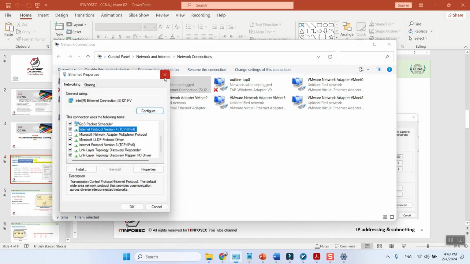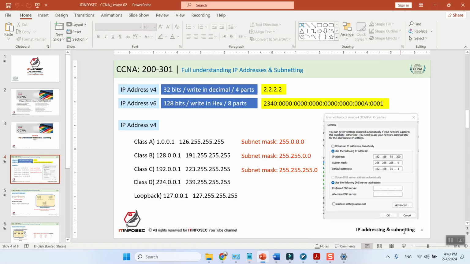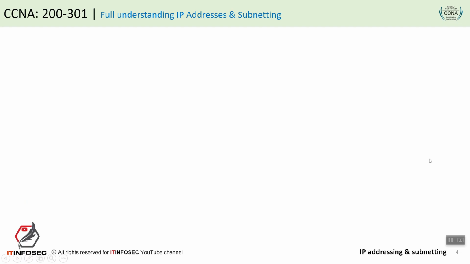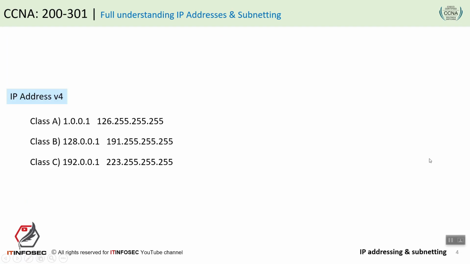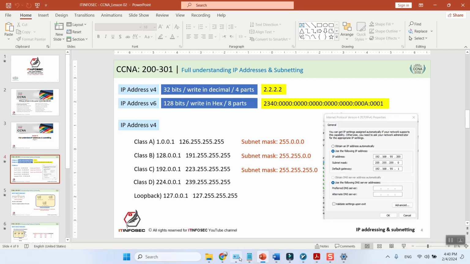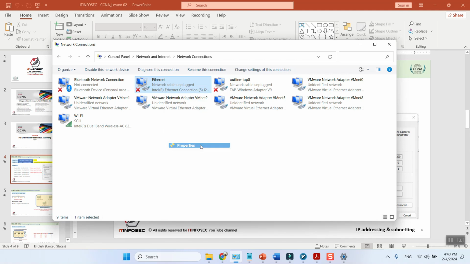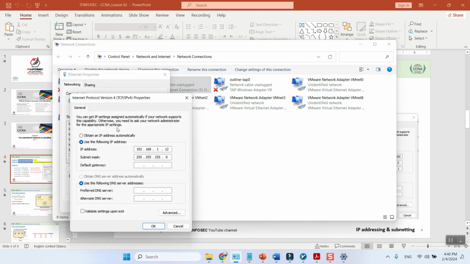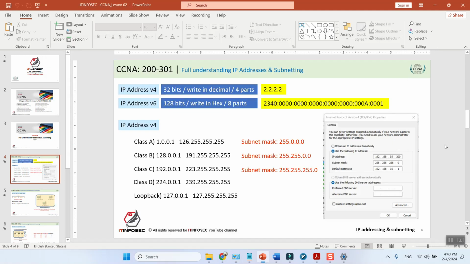Okay, but what about IP addresses of class D? We call it multicast. Multicast is another type of address that you cannot assign to your network interface card. Let me check it as well. TCP/IP version 4, static or manual. What was multicast?